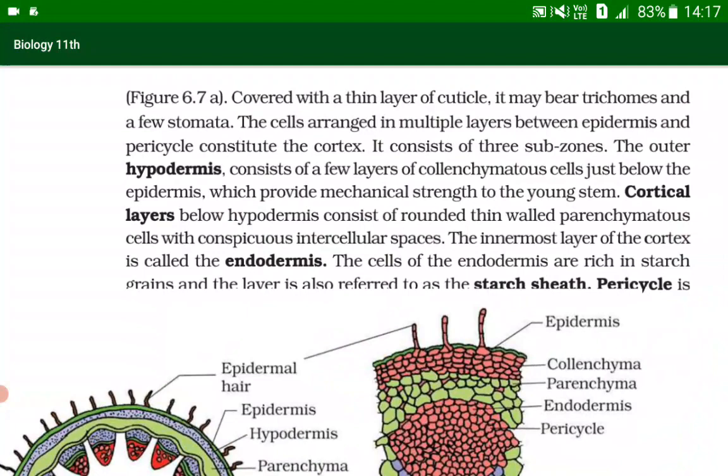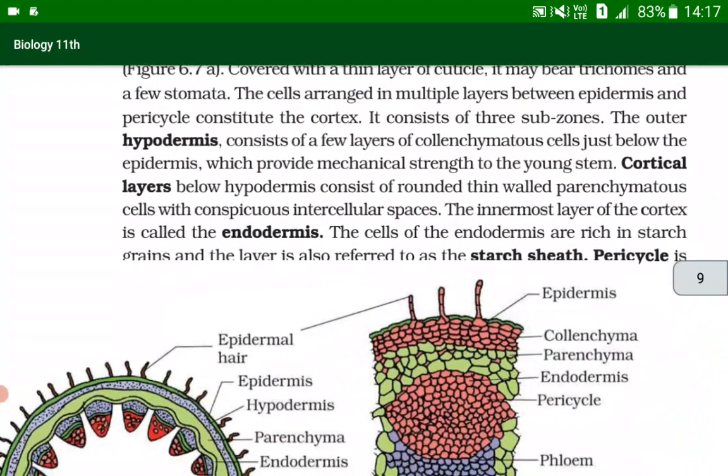It consists of 3 subzones. The outer hypodermis consists of a few layers of collenchymatous cells just below the epidermis, which provide mechanical strength to the young stem. Cortical layers below the hypodermis consist of rounded thin-walled parenchymatous cells with conspicuous intercellular spaces.